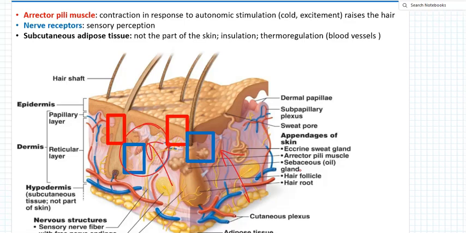It makes them look bigger. That's fear. Makes them look bigger, so hair stands up because it makes an organism look bigger. This is why cats get all fluffy when they're scared. But if an animal is cold and the hair gets fluffy, it traps air and provides better insulation.